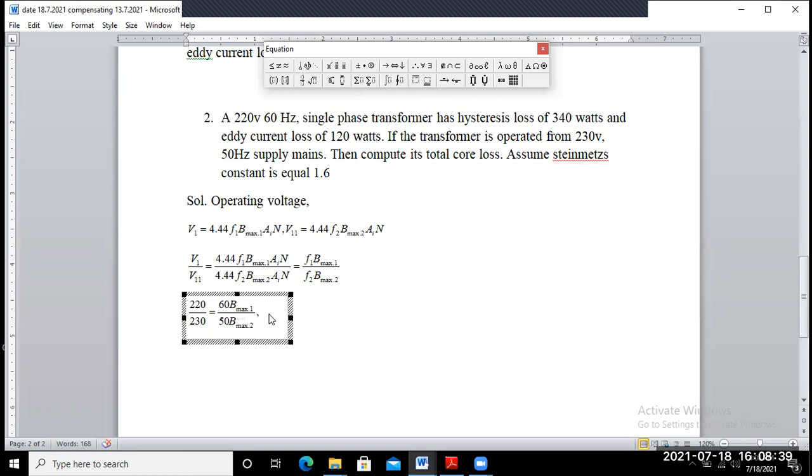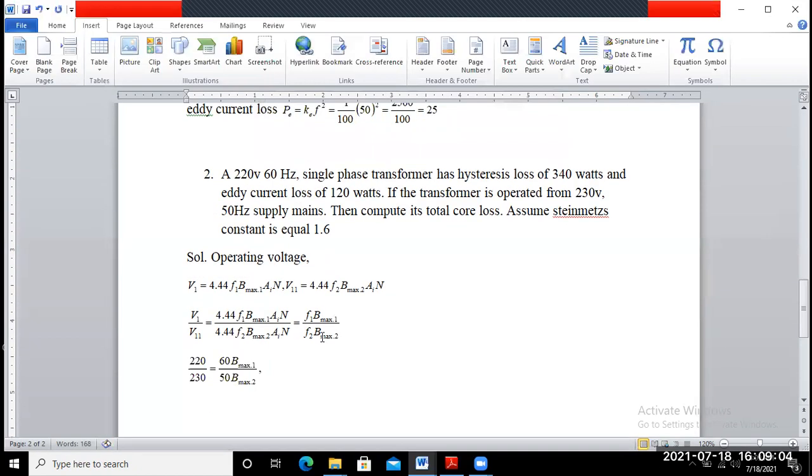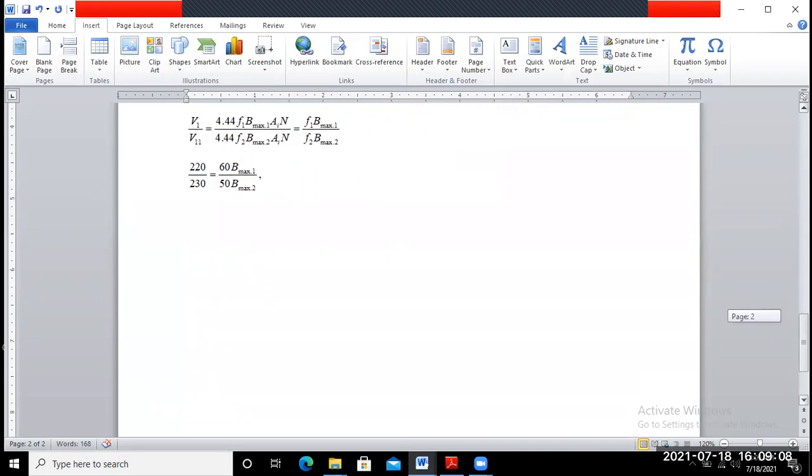So you may write here the value of B maximum 2. If you simplify this one, then 22 divided by 23 into 5 divided by 6. So find B maximum 2 in terms of B maximum 1. Okay.